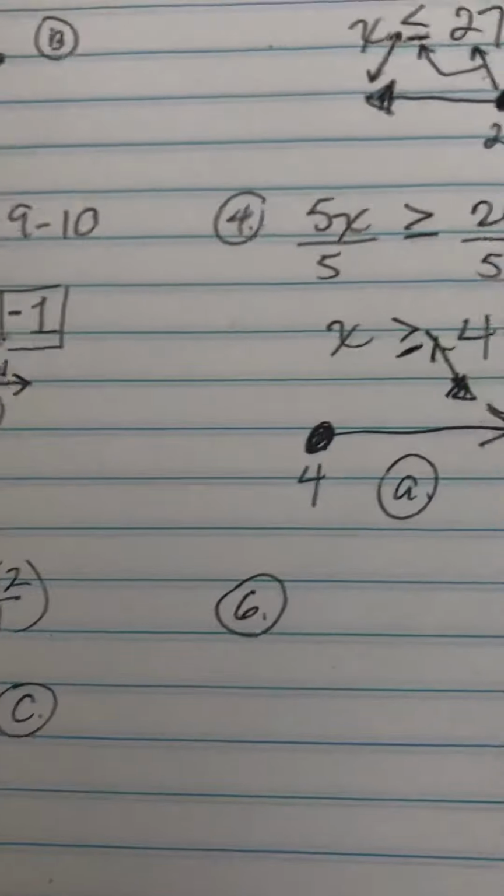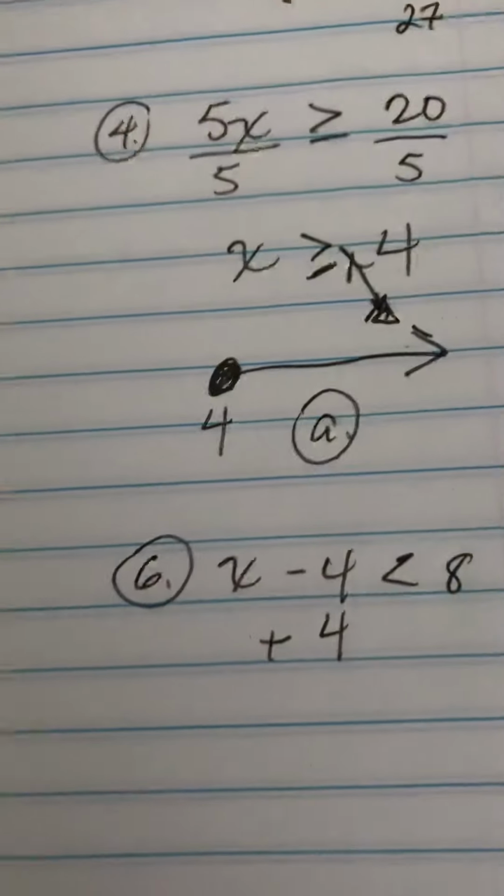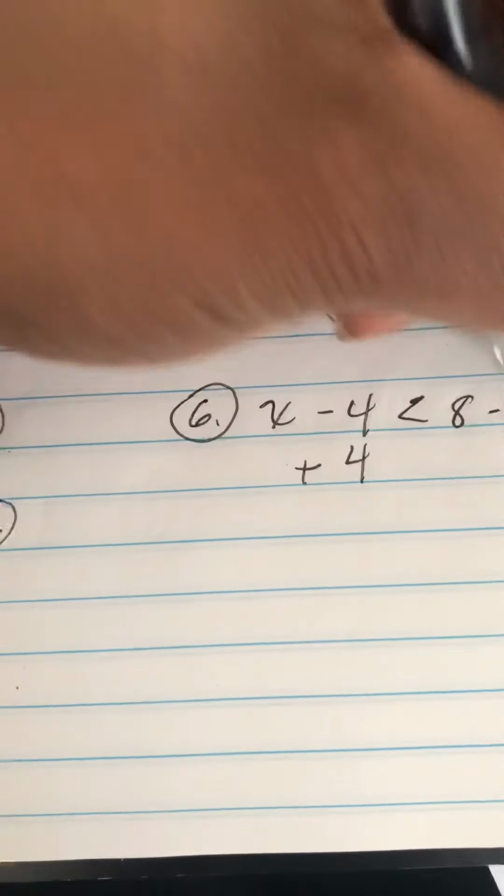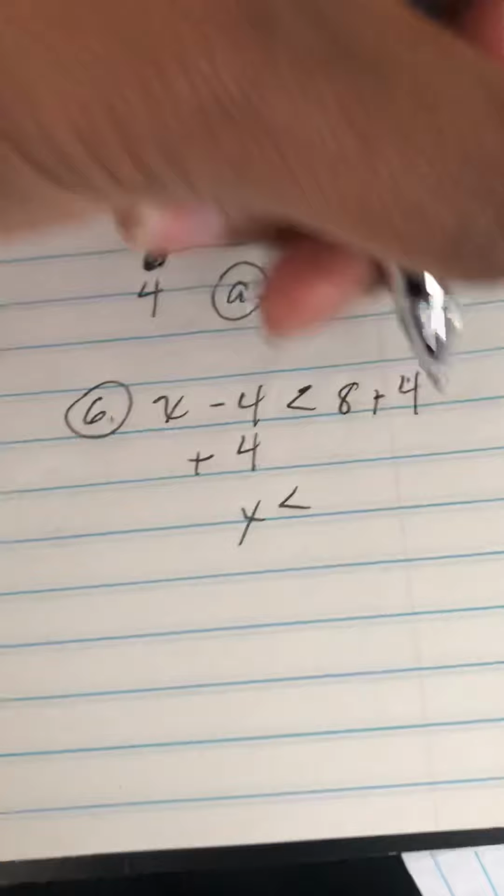Number 6 is x minus 4 is less than 8, right? Over here, you know what we do. Plus 4, and that's going to be x is less than 12.